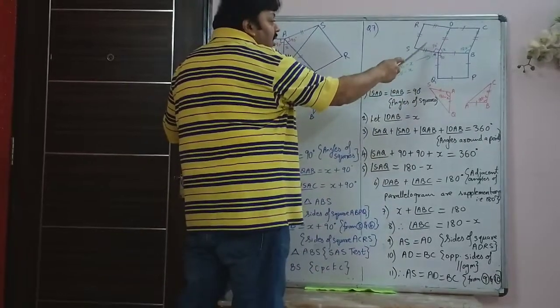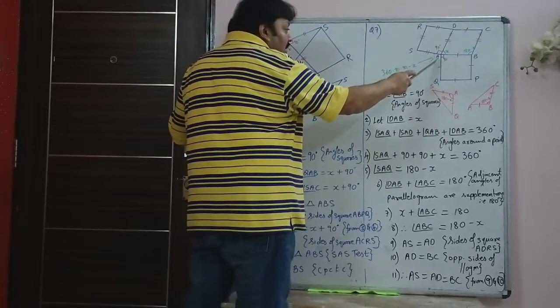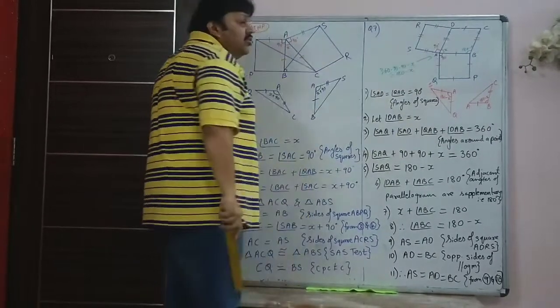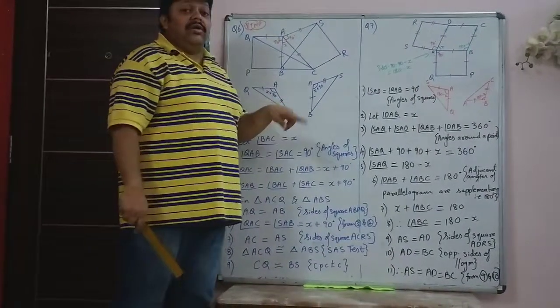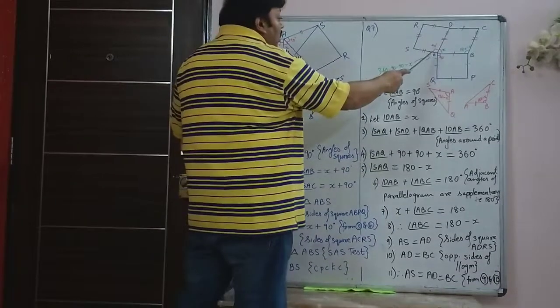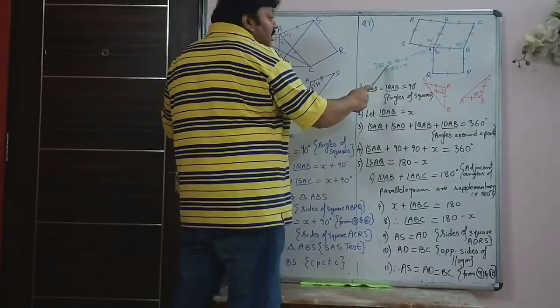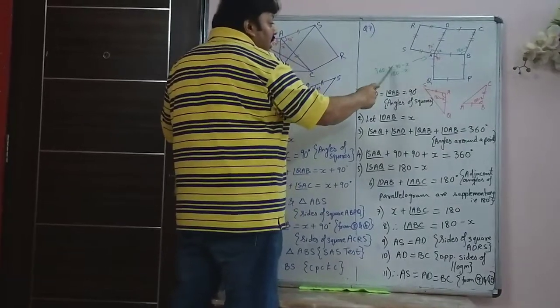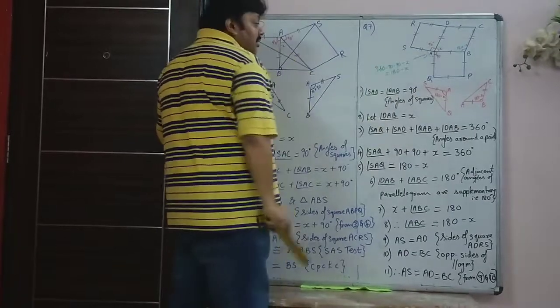This is angles around a point. All four angles should add to 360 degrees. Angles around a point add to 360 degrees. So if you are finding only SAQ, it is 360 minus 90 minus 90 minus x.